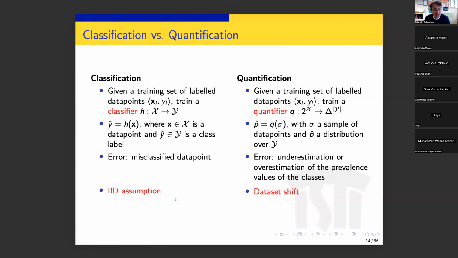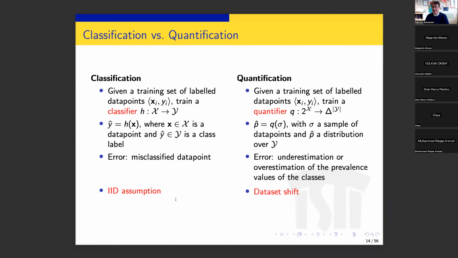So just to sum up, differences between classification and quantification. In classification, we are given a training set of labeled data points, xi, yi, and we need to train a classifier that is a function h that, given an example in x, returns a label in y. Instead, in quantification, we are still given a training set of labeled data points like in classification, but the goal is to train a quantifier.